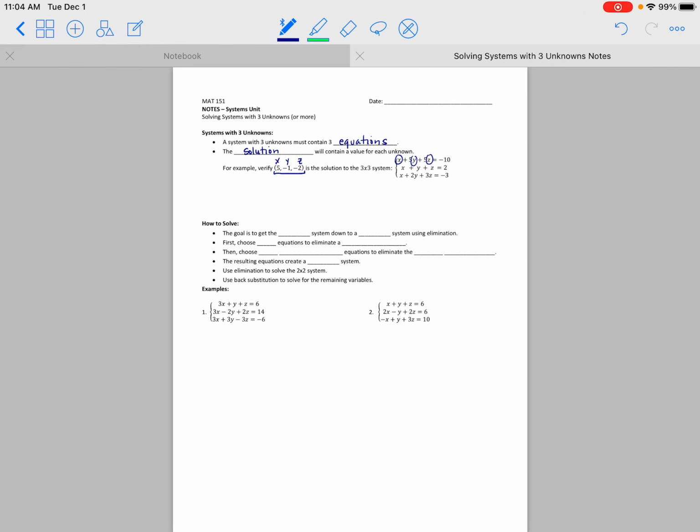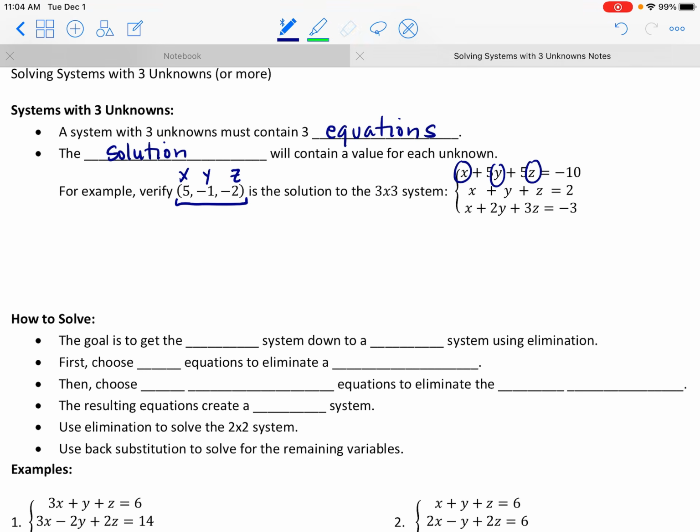Okay, so what are we asked to do here? Verify that this is in fact the solution to this 3 by 3 system. Remember, a solution should make all of the equations true when you plug the variables into each of them. So let's call this first equation, equation A. Let's plug into A and make sure we end up with a true statement.